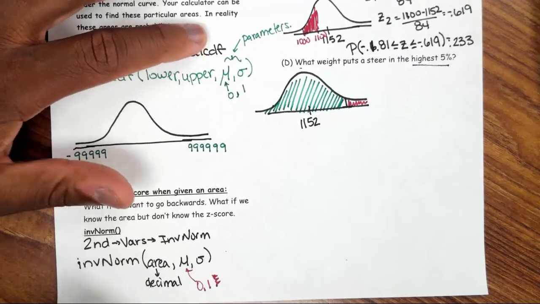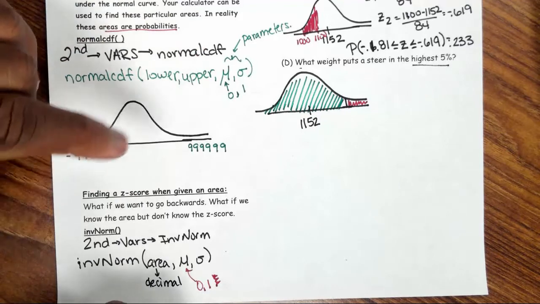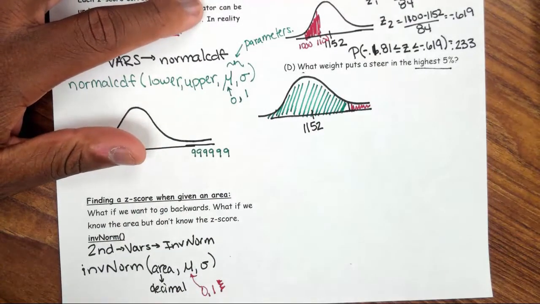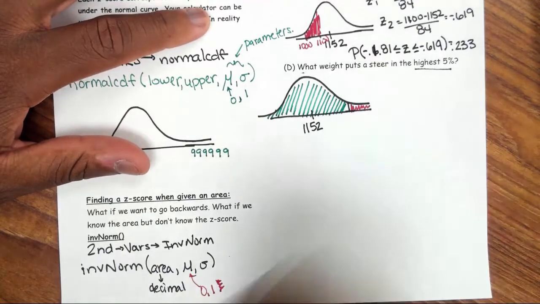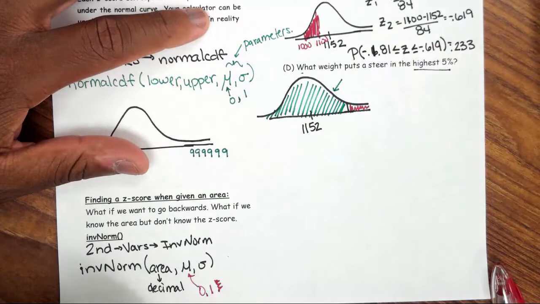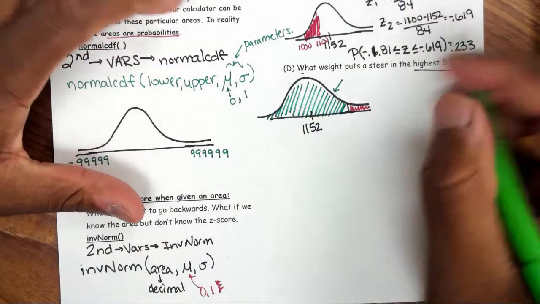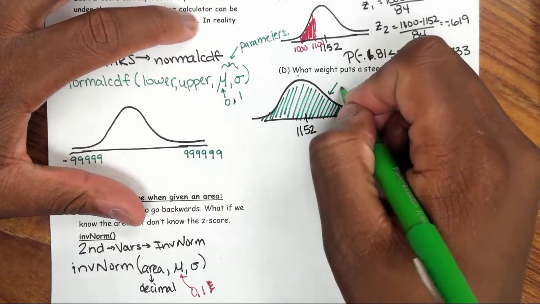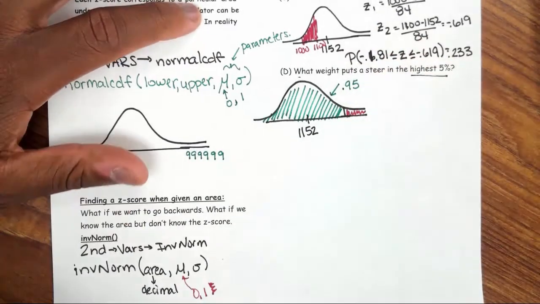So when you type in inverse norm this time, you want to find this actual area, the green area. If the red area is the highest 5%, how much area is back this way? Well, this is 5%, and the entire curve is 100. Back this way is 95%.